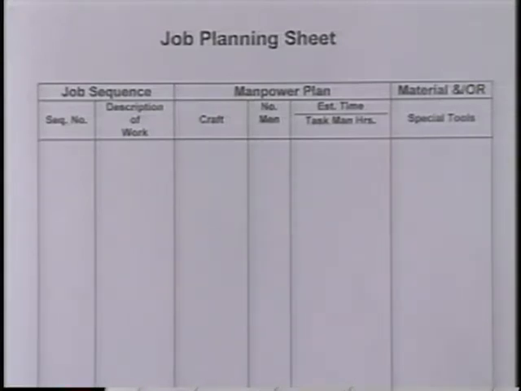We have in the left-hand major column a heading called Job Sequence. Below that are what I call mini columns, and the left column is the sequence number, which is straight numeric, 1, 2, 3, 4, 5, and so forth. And then there's the description of the work, and that description is in very simplistic terms.